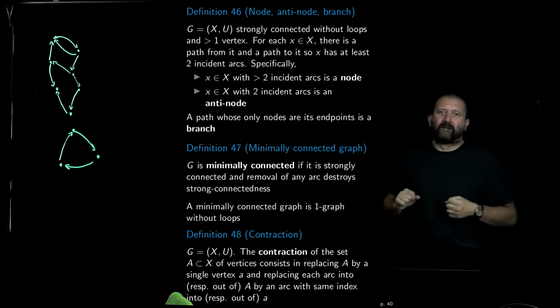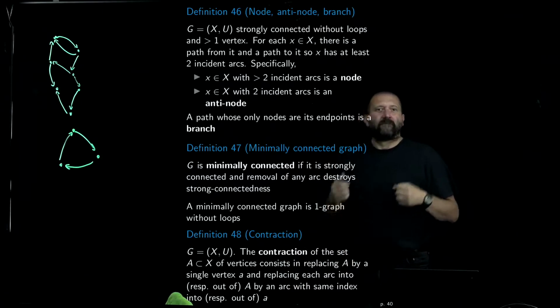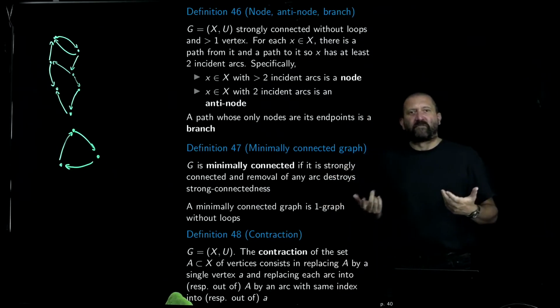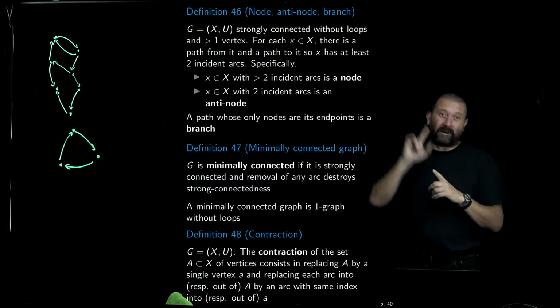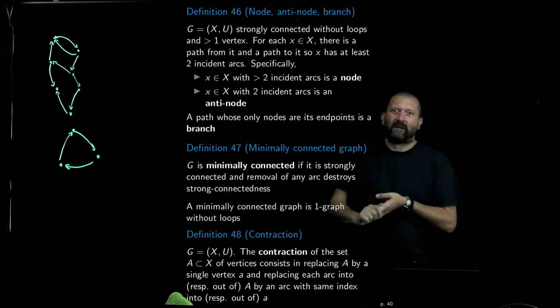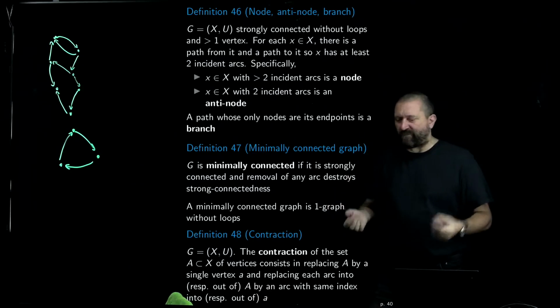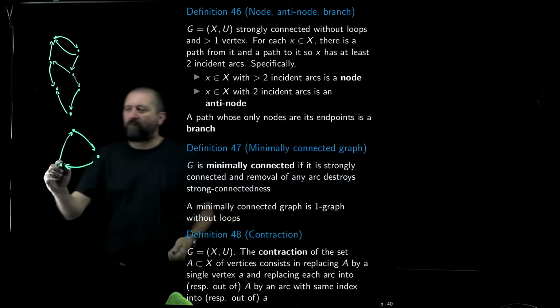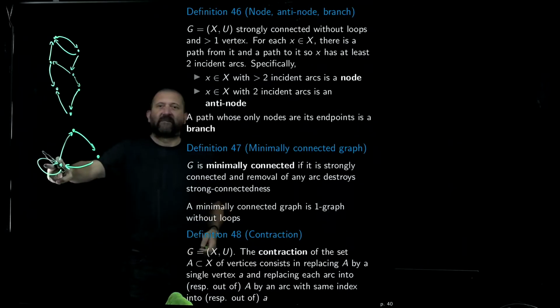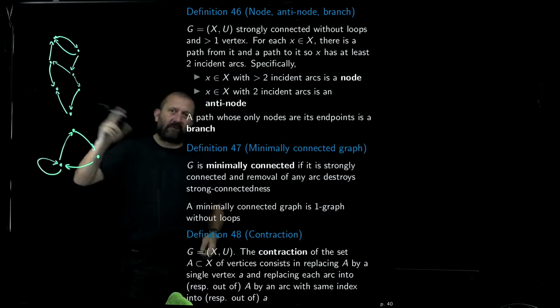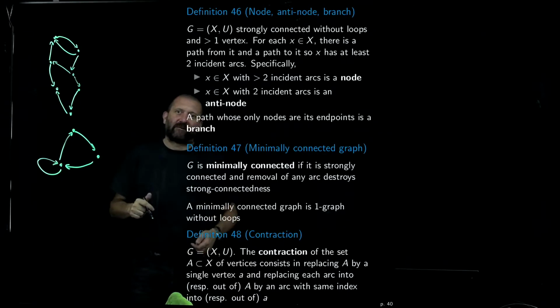And a minimally connected graph has to be a 1-graph. So between any two vertices, there's only one arrow in each direction. And it mustn't have loops, because of course if I throw in a loop here, then obviously if I destroy this loop, I am not removing strong connectedness.